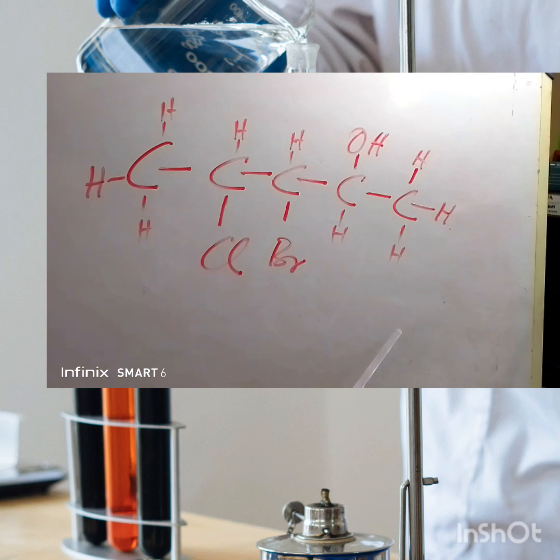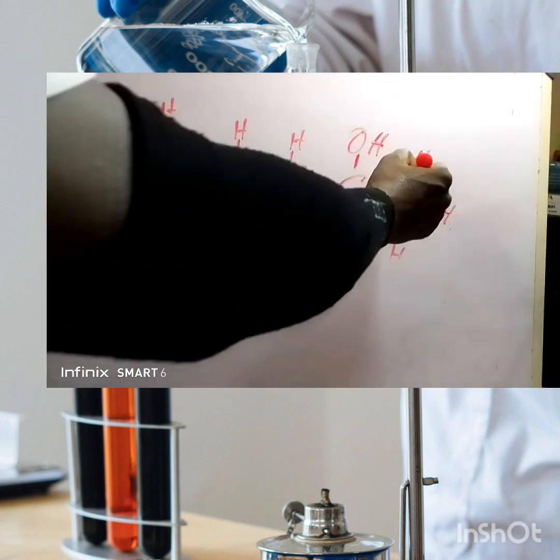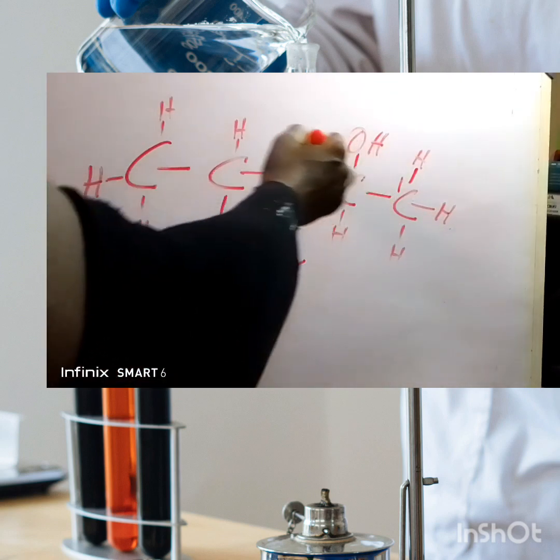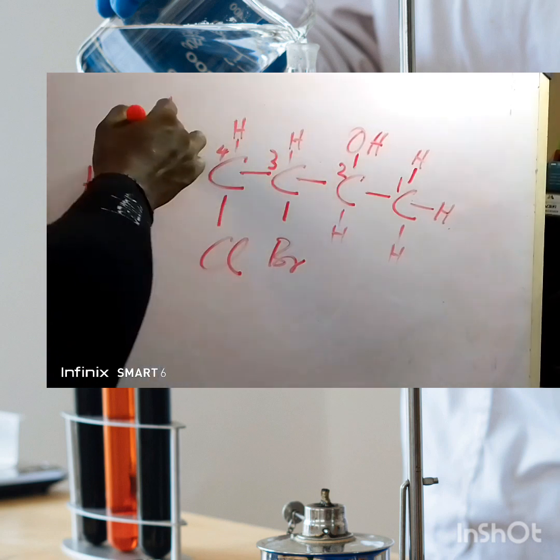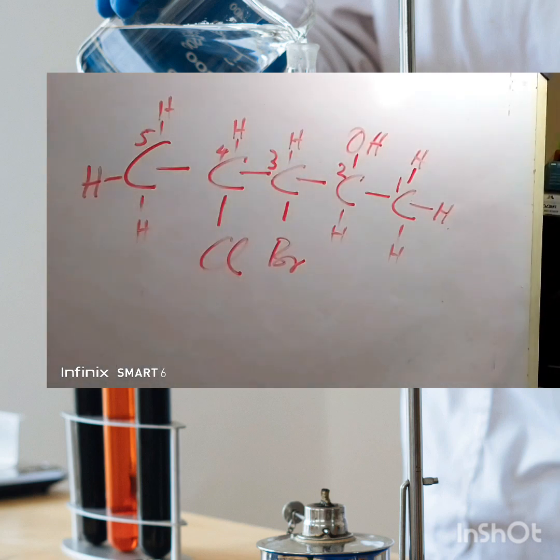All right. Lastly, we are going to number the carbon atoms so that the suffix will have the lowest numbering. Please take note of that. So the appropriate numbering for this will be 1, 2, 3, 4, 5. That's the correct one.